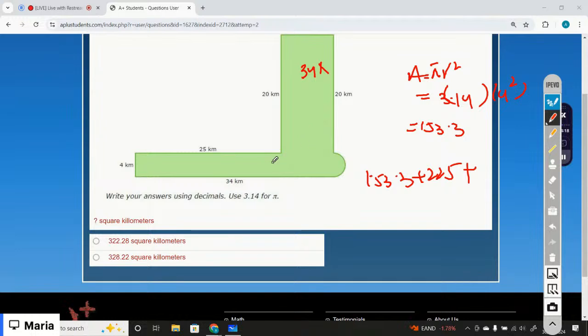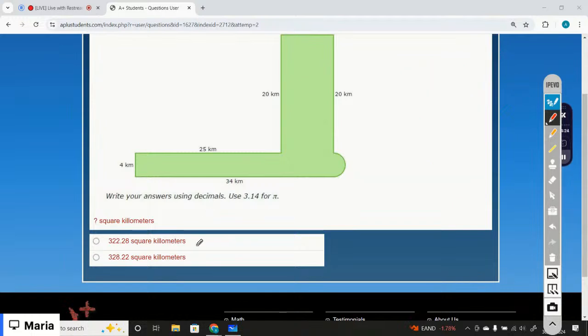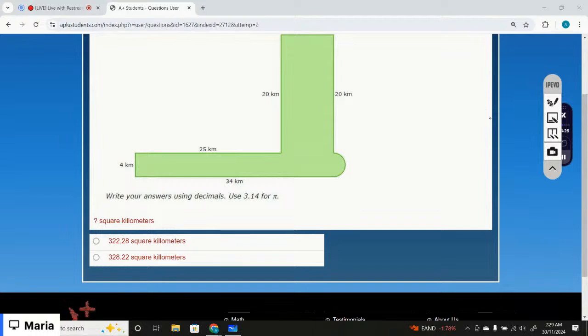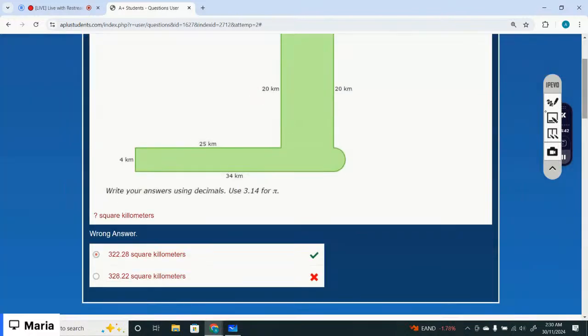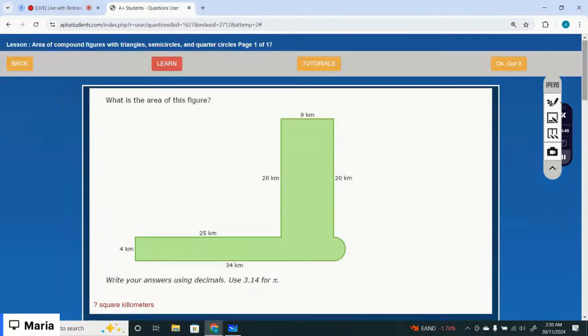So when you do calculations, option number 2 is the correct option. That is 328 times 2. Option number 2 is the correct option. The correct option is, sorry, that is 322.28 is the correct option, right?